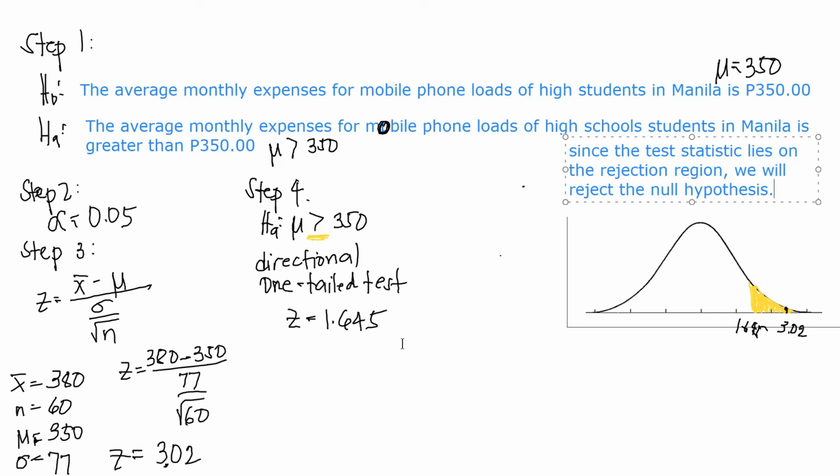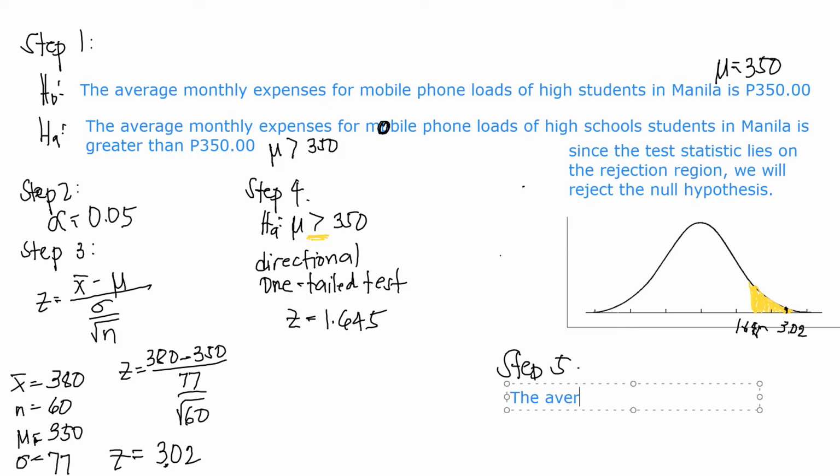Hence, going to step number 5, we will use the other hypothesis, which is the alternative hypothesis, as our conclusion.